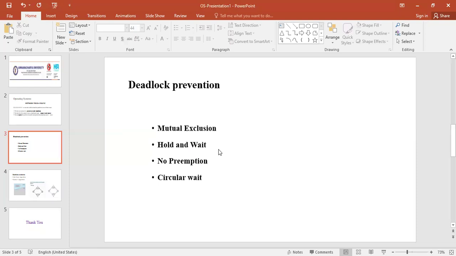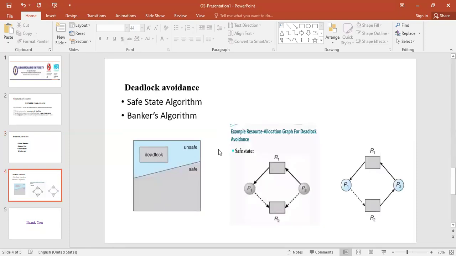The next concept is deadlock avoidance, which we have discussed: the safe state algorithm and Banker's algorithm. The safe state algorithm is executed in a sequence order. Process 1 needs some resources, so process 2 will allocate its resources to it. In order, based on the protocol, the processes sequentially complete their execution.